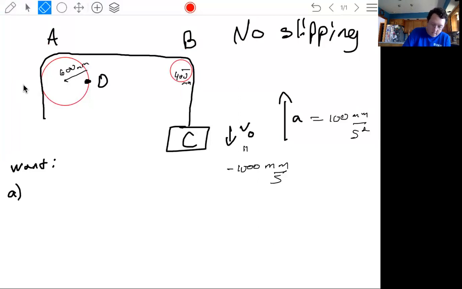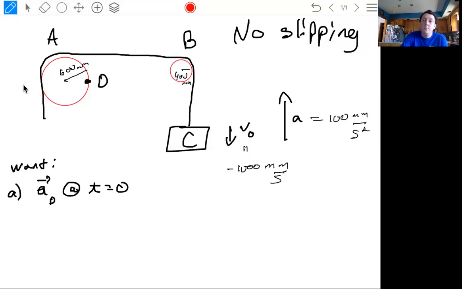So, acceleration of point D at time equals 0. And you might be saying, well, wait a minute. I said that the acceleration of C was constant, so why isn't the acceleration of point D constant?